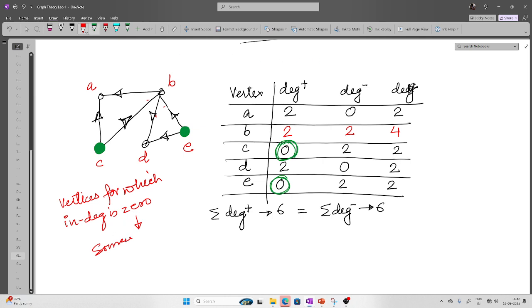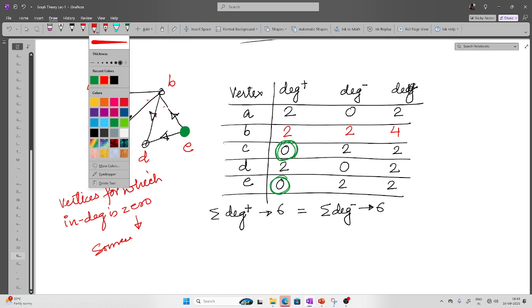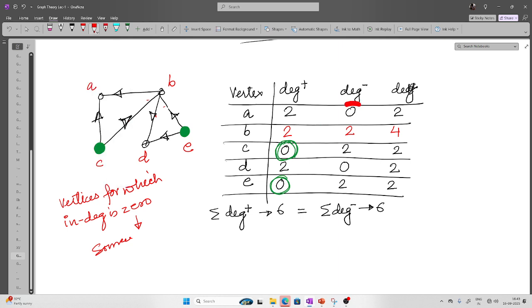Whereas if you look at this one and this one, for these two vertices, that is A and D, out degree is 0. For A and for D, the out degree is 0. That means they will be called as sink.